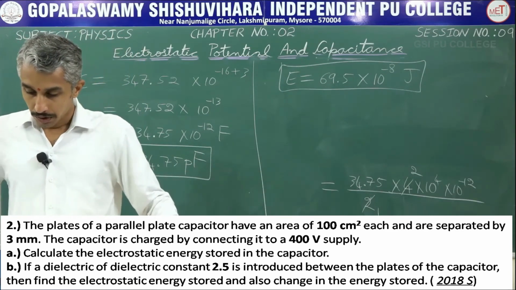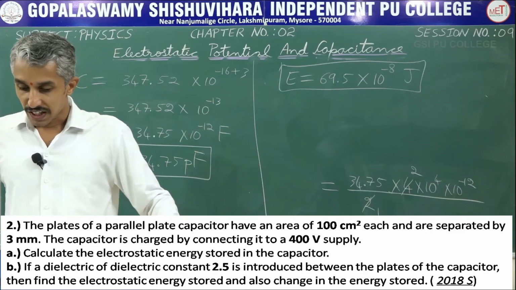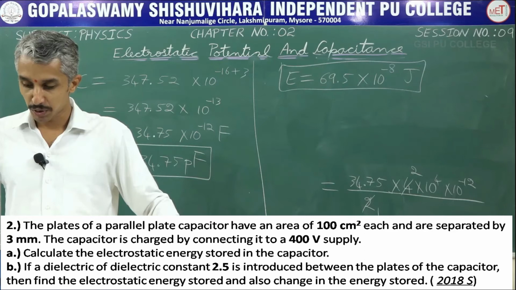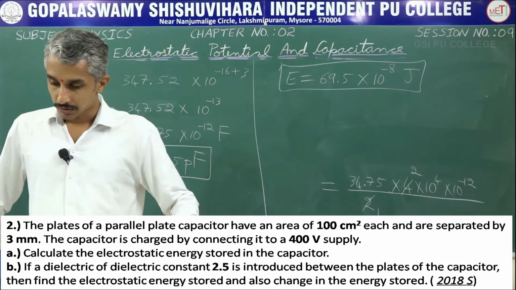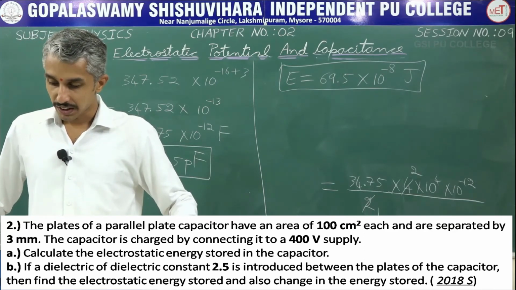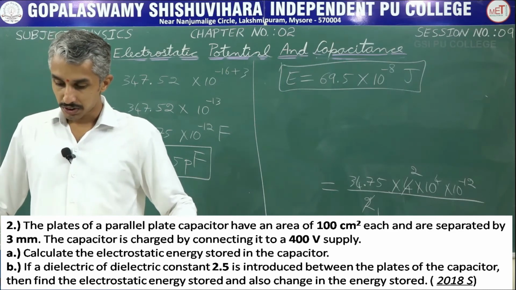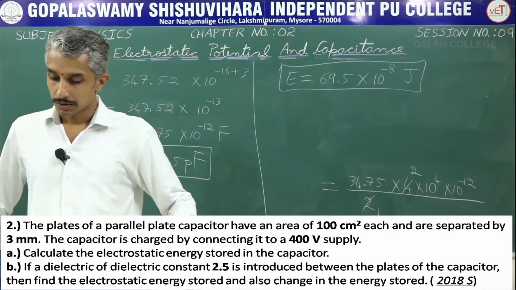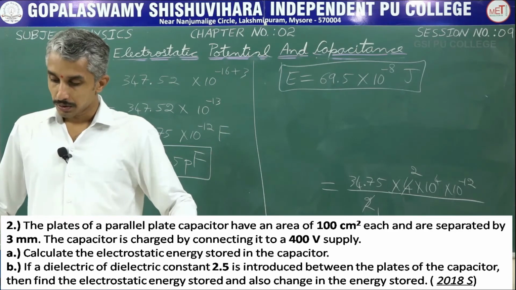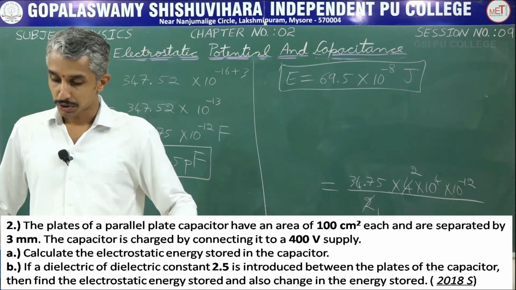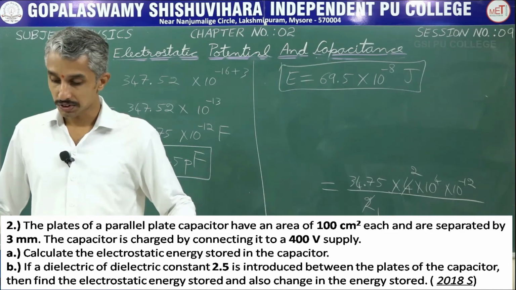And then if a dielectric of dielectric constant 2.5 is introduced between the plates of the capacitor, then find the electrostatic energy stored and also the change in the energy stored. This numerical was asked in the 2018 supplementary question paper. So let us see how to solve this.